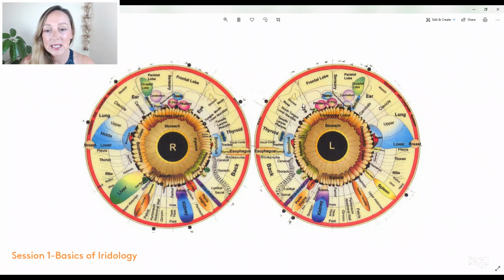But if this is something that you think might be of benefit to you, because you're wondering what's going on within your body, I advise having an iridology session and having your photos taken of your eyes just to see what's going on underneath, because quite often we can be trying certain things and it's not working, and we seem to be getting sicker, and it could be one tweak of something, or something that's been missed, or something that's just sitting underneath the surface. So this is not just a preventative, this is also if you are feeling unwell and you want to understand a little bit more deeply about what's going on with your health and well-being.